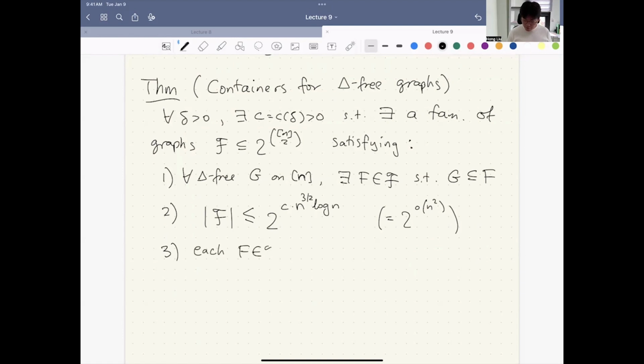Each F in script F is almost triangle-free, meaning the number of triangles is at most delta n cubed. Any question about the statement?